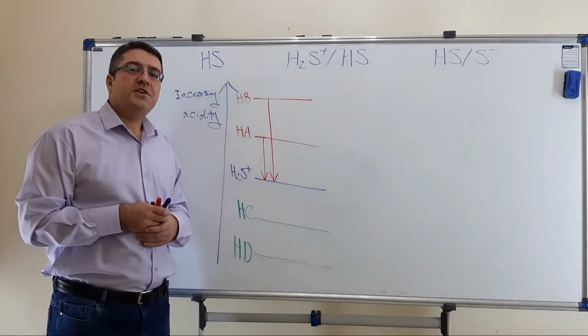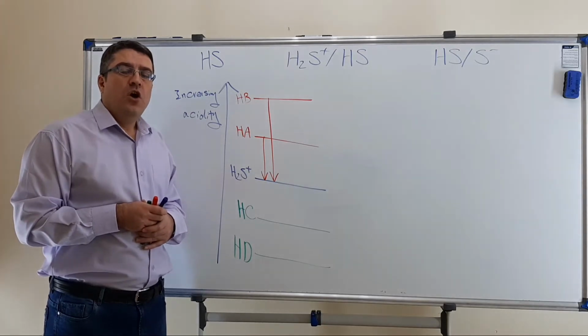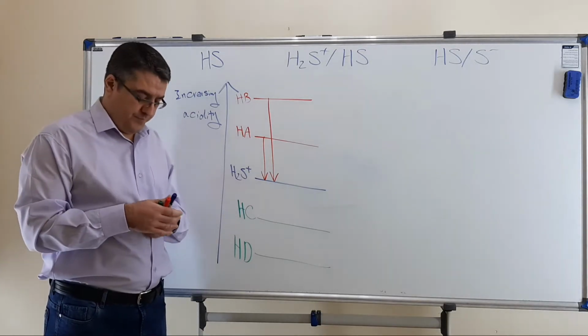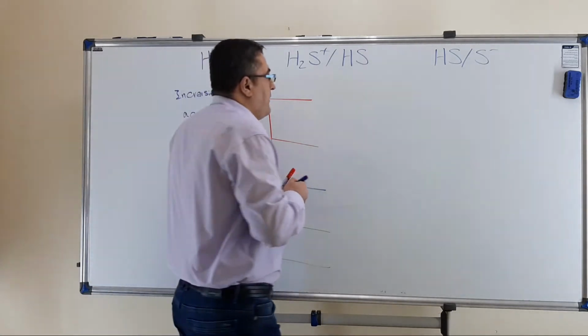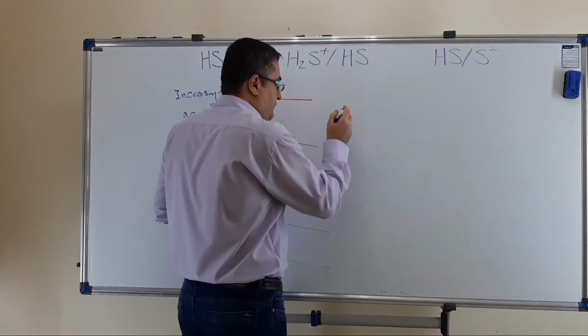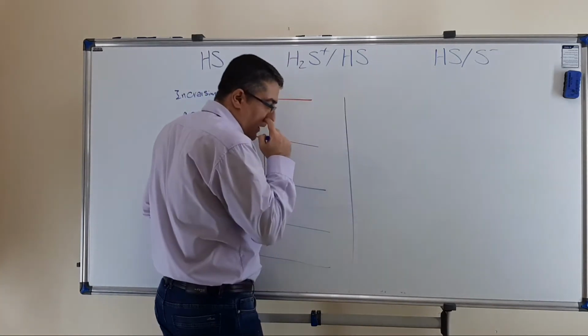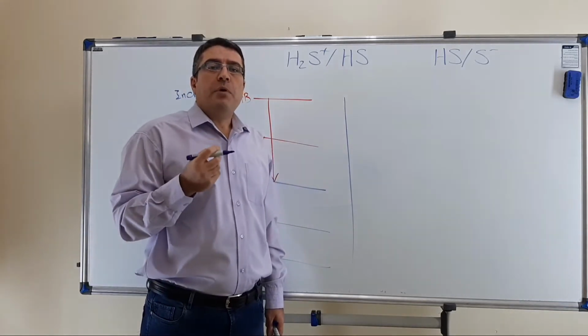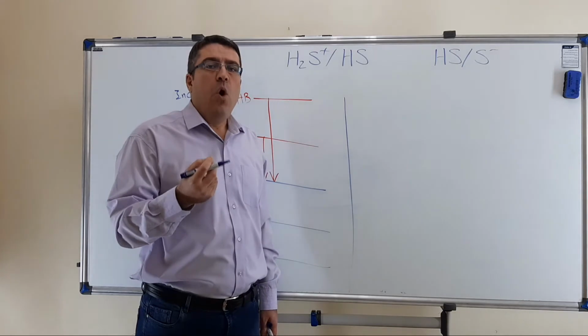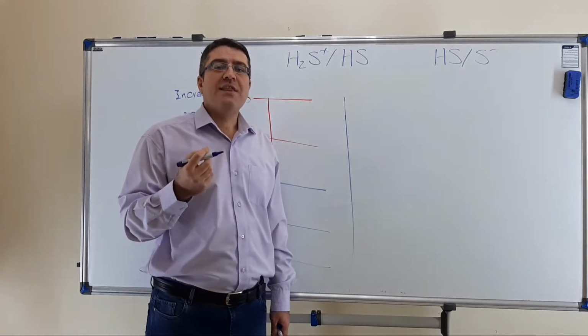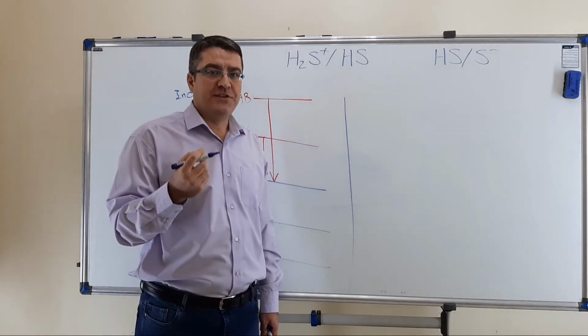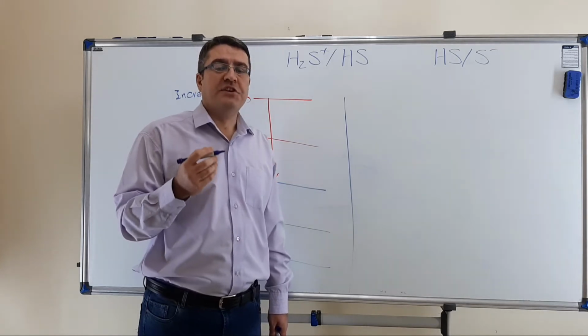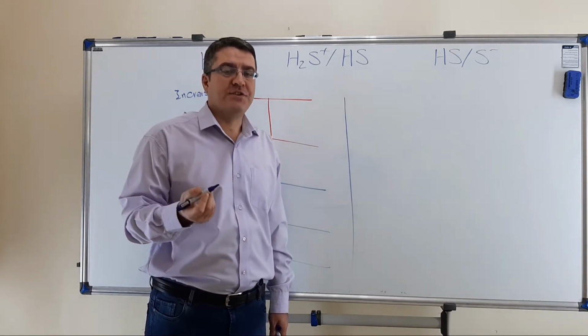We can also consider a similar discussion for bases. In a protogenic solvent, all bases stronger than the conjugate base of the solvent are leveled with each other and with the conjugate base of the solvent.